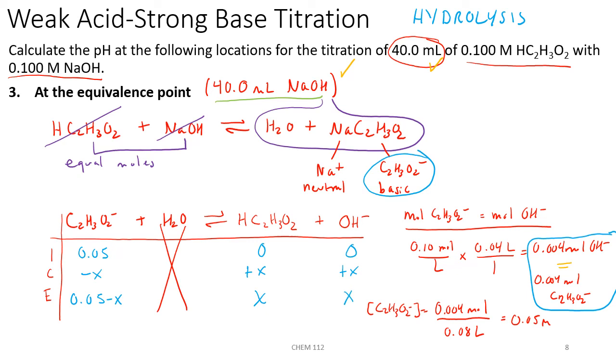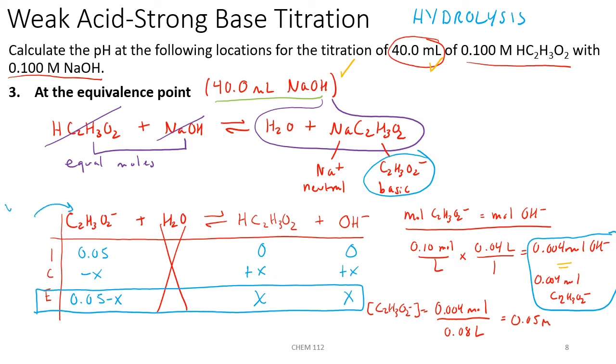So now we're going to use our equilibrium line and plug that into an equilibrium expression for our weak base. So at this point, we have a weak base reacting, so we're going to have to use a Kb value, not a Ka, since we have base hydrolysis occurring.